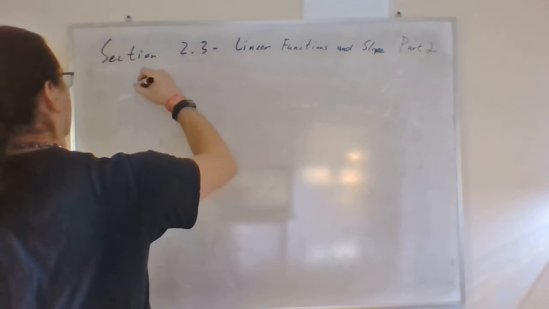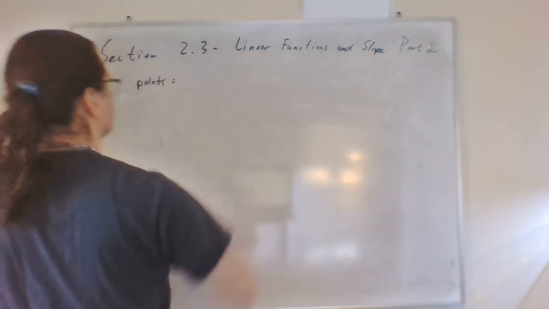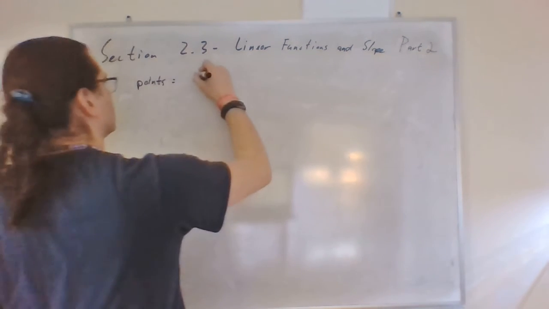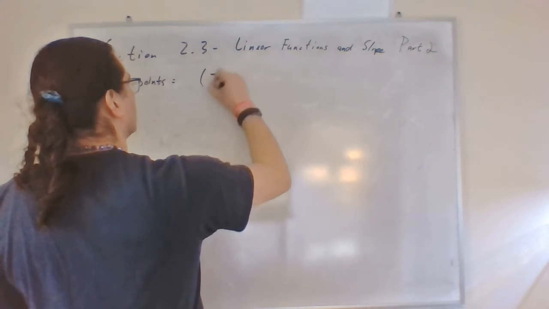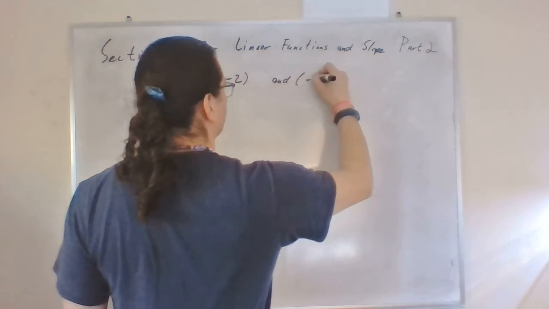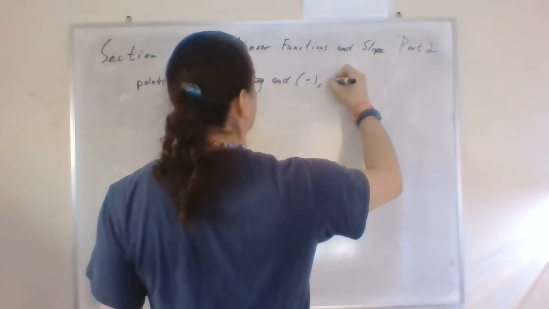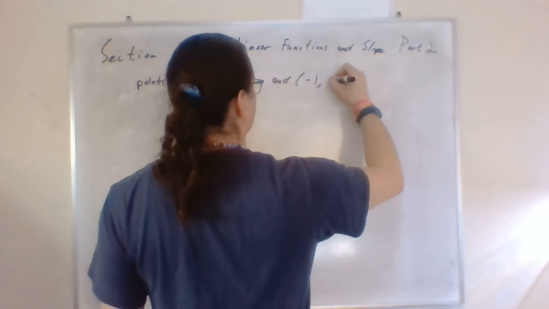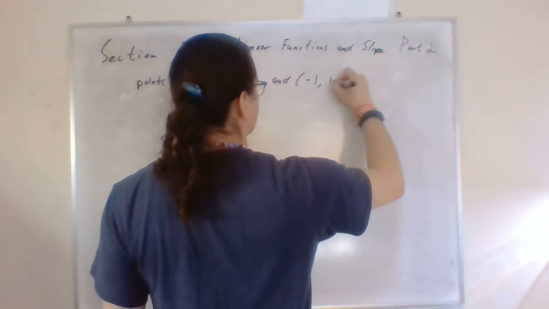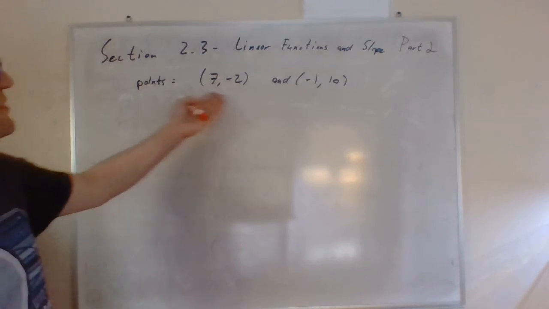Let's say we have the 2 points. Let's say the points we're working with are 7, -2, and -1, let's go with 10. 10 seems fine. Okay, so I have these 2 points.